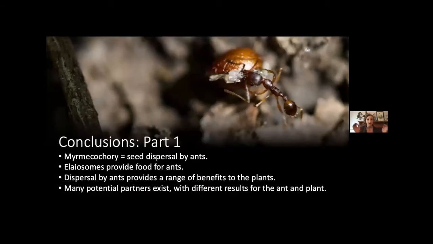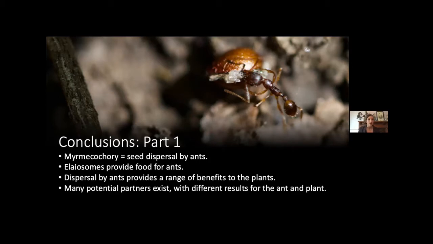So in sum, Myrmecochory, although it has this general story of seeds being dispersed by ants and both sides benefiting, the actual hows and whys have a lot more variation. The elaiosomes do provide food, but whether or not that's better than any other food the ants might be consuming depends.